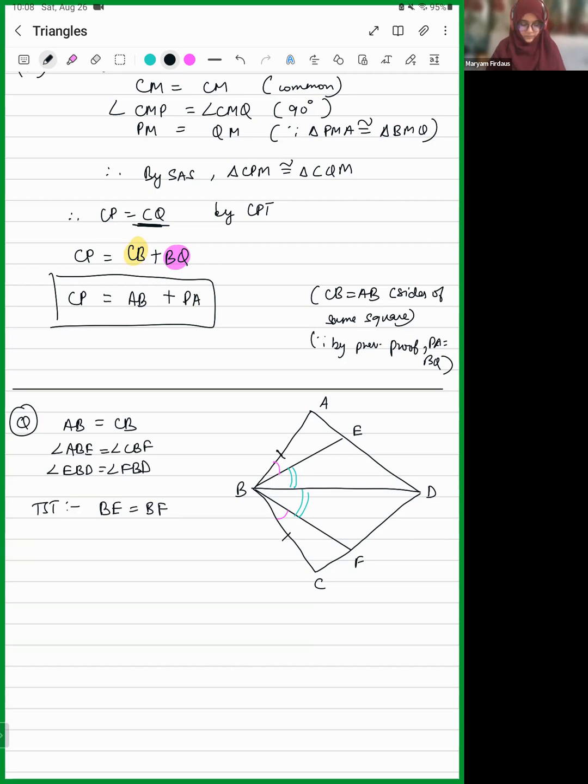Ma'am, we have to show that BED and BFD are congruent. Acha, then how will you show that as congruent?